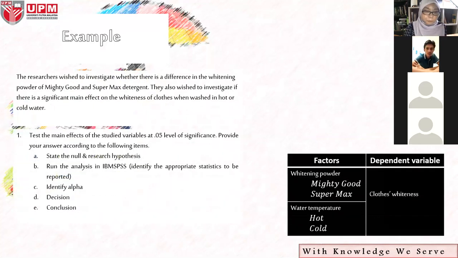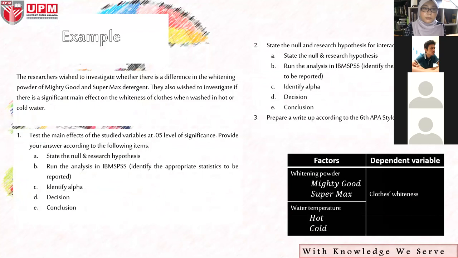The first question is to test the main effect of the studied variables, in which in this study we have two categorical independent variables. The second question is you need to state the null and research hypotheses for the interaction between the two IVs. And lastly, prepare your report according to the APA style.